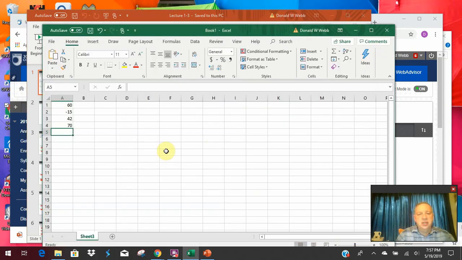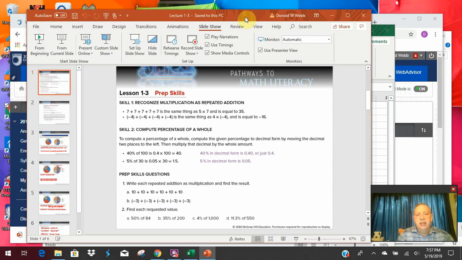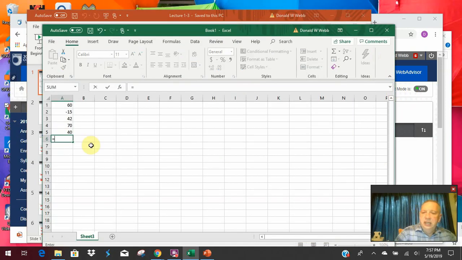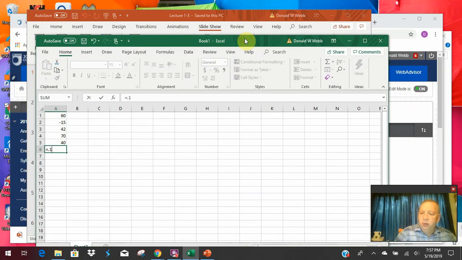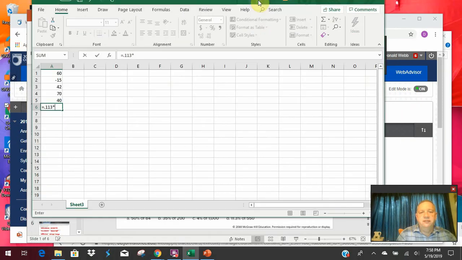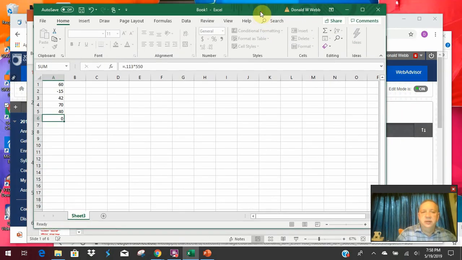4% of 1,000 equals 0.04 times our 1,000. And that would be 40. And then finally, 11.3% of 550 equals 0.113 times 550, 62.15.